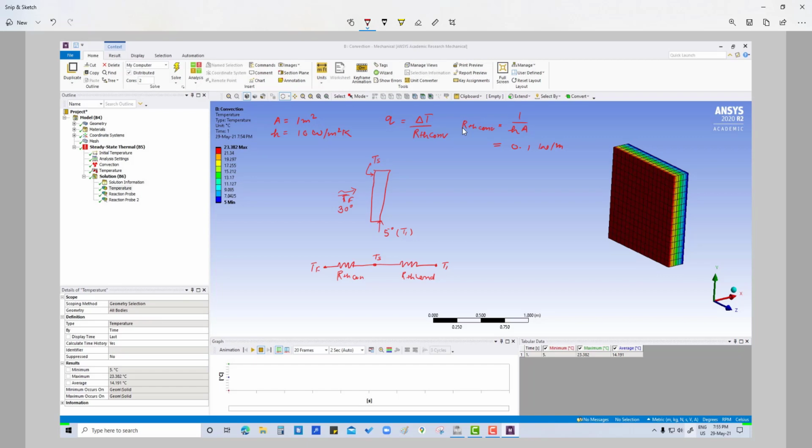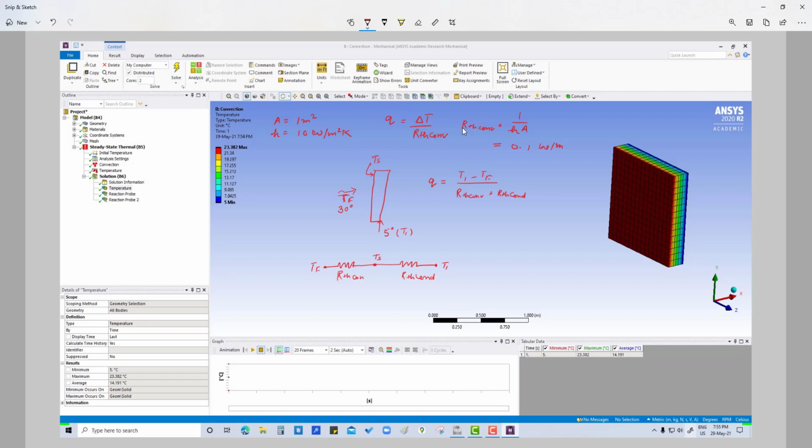So the equation that comes is Q equals T1 minus TF upon R thermal convection plus R thermal conduction.